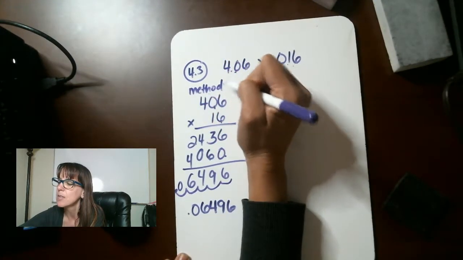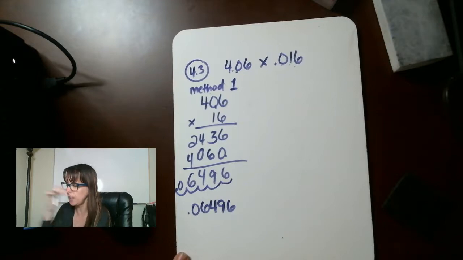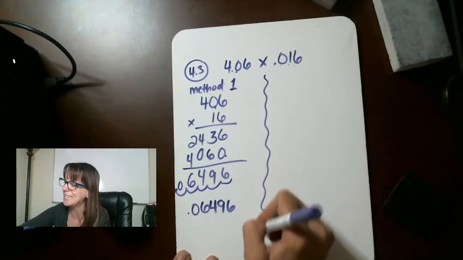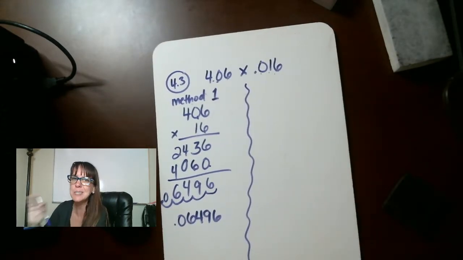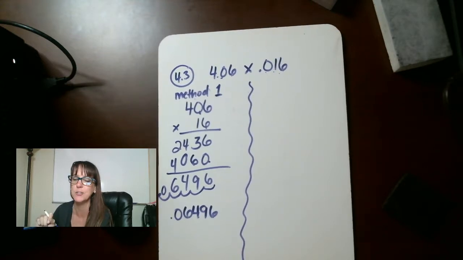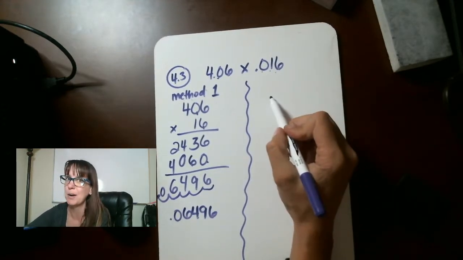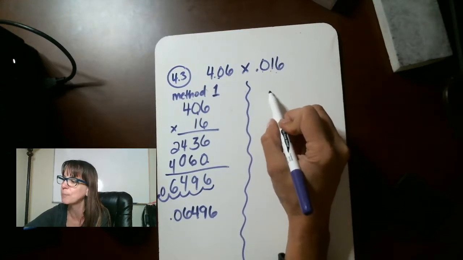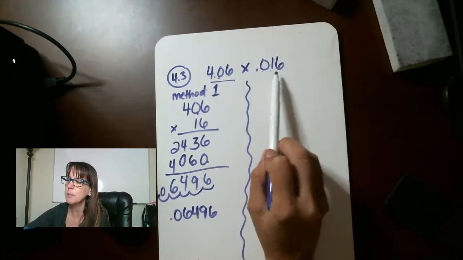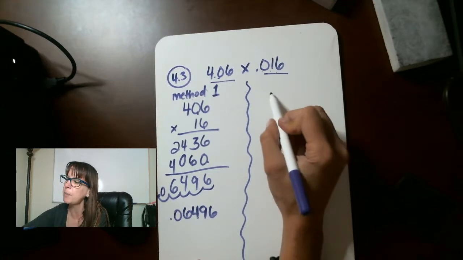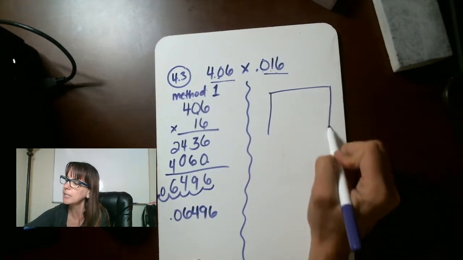Now, that's method 1. For some of you, you will have seen method 2 and your parents will not have. We call this the box method. Seems a little bit cumbersome to do multiplication like this, but I'm going to tell you, as you go on in algebra, you're going to be using the box method for other things. So this is a 3-digit number. This is a 2-digit number, which means we need a box that is a 3 by 2.